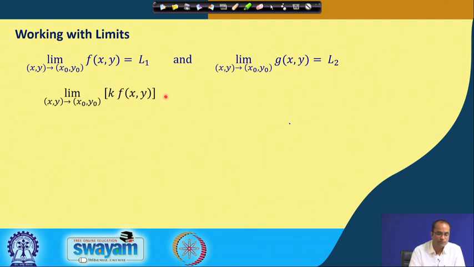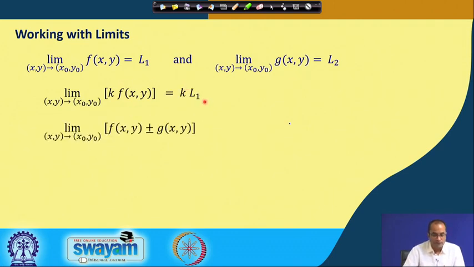So, this limit will be k times L1. Again, when we add f(x,y) plus or minus g(x,y), and we have finite quantities L1 and L2, then this limit will be L1 plus or minus L2. If it is a plus there, plus will appear; if it is a minus, then minus L2 will come.